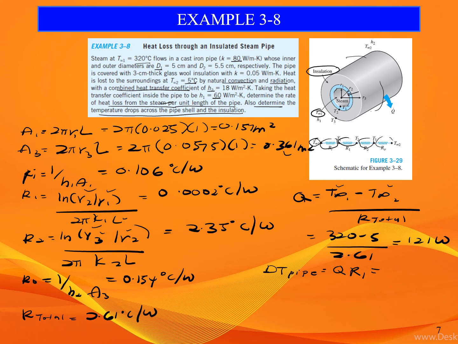So delta T here is 0.02 degrees Celsius. The other one is the insulation, delta T insulation, so Q times R2 for the insulation. The answer would be 284 degrees Celsius.